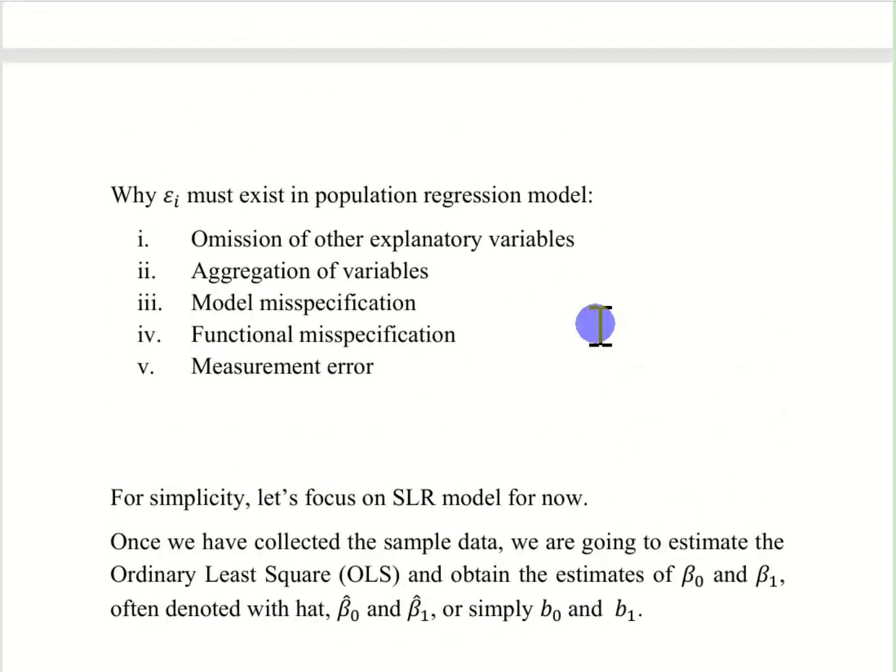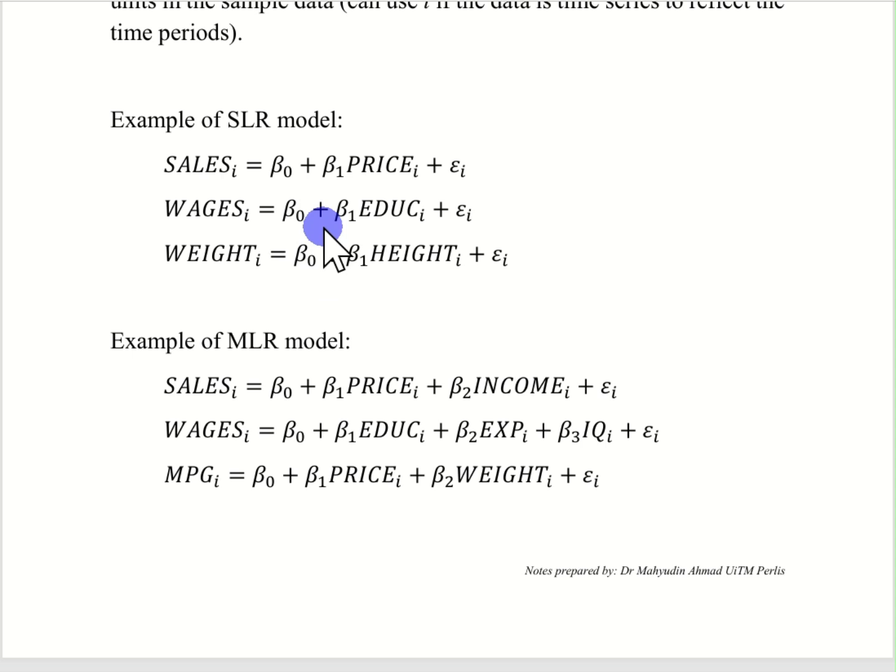In practice, we don't know the true values of beta 0 and beta 1, or maybe beta 2 and 3, in the model. Instead, we use data to estimate them through the ordinary least squares method. In other words, we gather the data for each and every variable in the model.